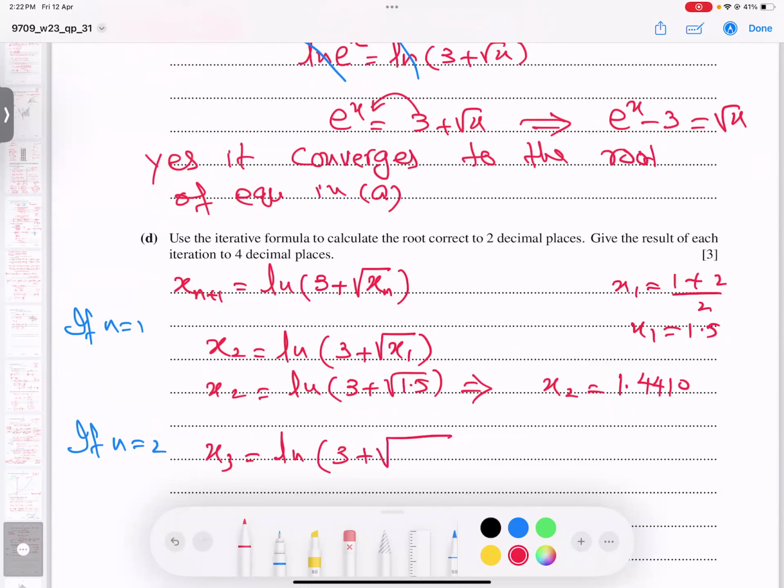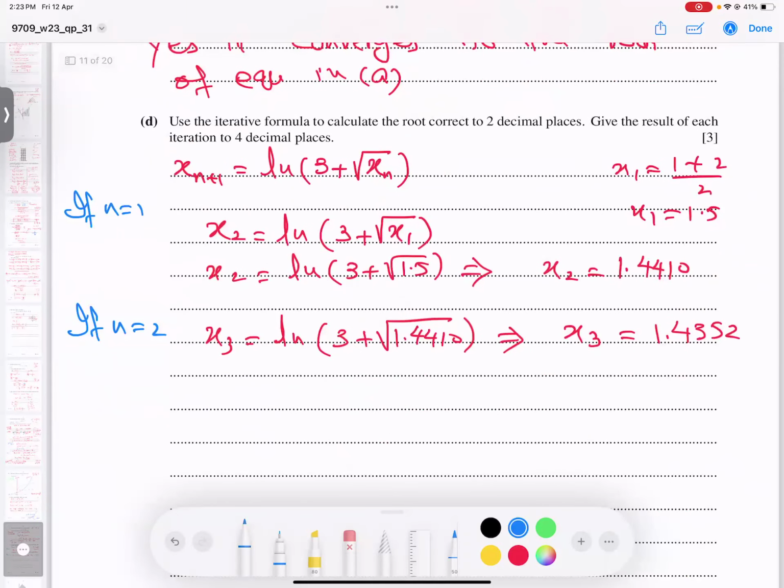So the x3 value comes to 1.4352. Now I plug in 3, so 3 plus 1 becomes 4. Log of 3 plus root of 1.4352. So you can ask one question: when to stop?